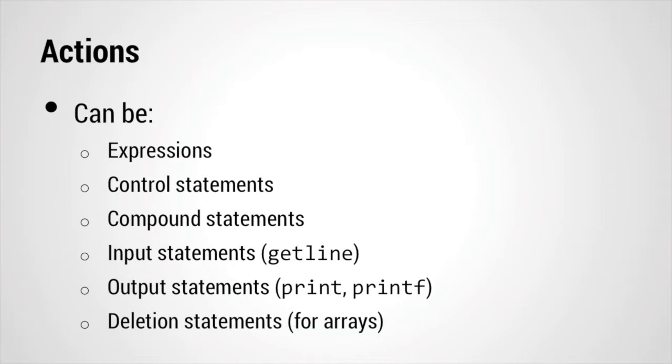You can also use compound statements, meaning multiple or nested blocks of statements inside those outermost braces, as long as you have those outermost braces there. There are also input and output statements, and last but not least, deletion statements, which are only for arrays, which we'll get to.